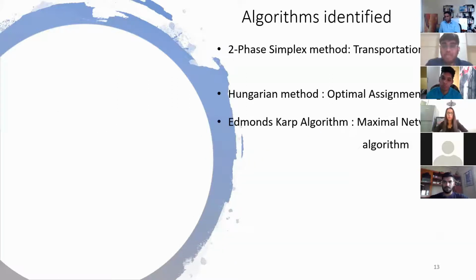So from these research fields, three well-established algorithms were found: the Simplex method, the Hungarian method, and the Edmonds-Karp algorithm. I will now attempt to quickly give a conceptual understanding of how these algorithms work. Bear with me, because this can get a bit messy.